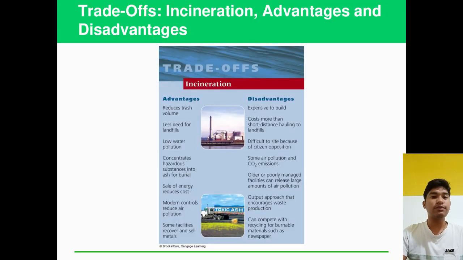The advantages of this incinerator are: reduces trash volume, less need for landfills, low water pollution, concentrates hazardous substances into ash for burial, saves energy, reduces cost, modern controls reduce air pollution, and some facilities recover and sell metals.